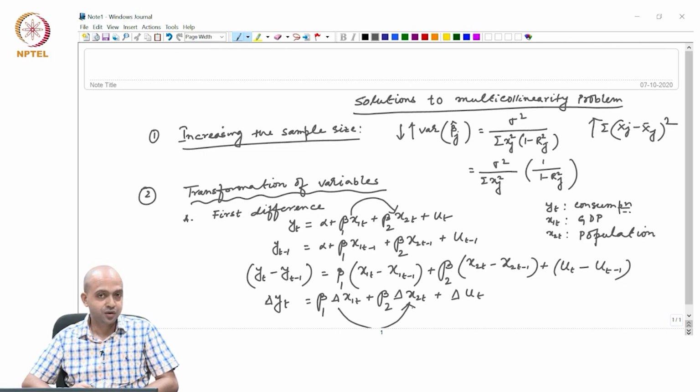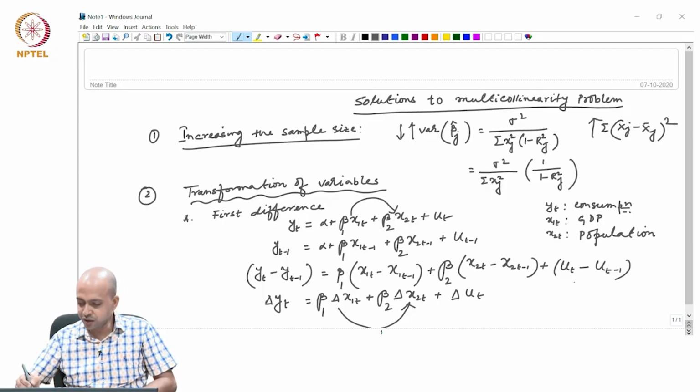But as I said, every measure has some cost also. What is the cost? The cost here is that u t and u t minus 1 may show some kind of correlation. So, if your original variable does not show any kind of serial correlation, the moment you take the difference, that may show you some kind of autocorrelation problem. So, an autocorrelation problem may arise in this first difference when you assume u t does not show any autocorrelation.